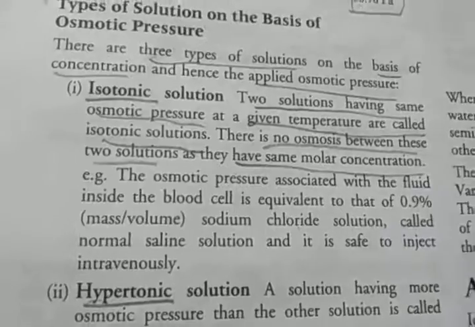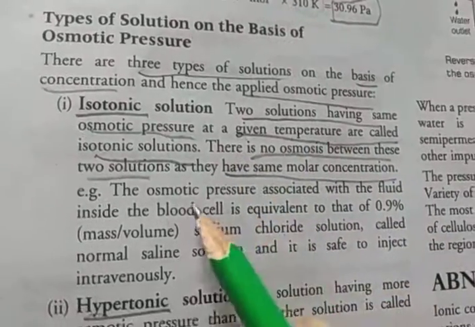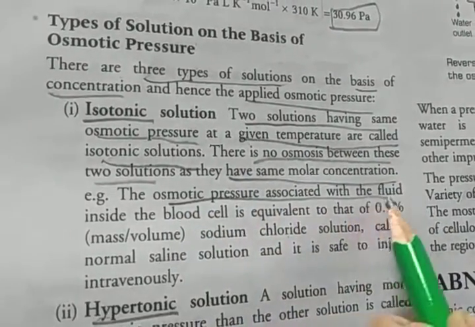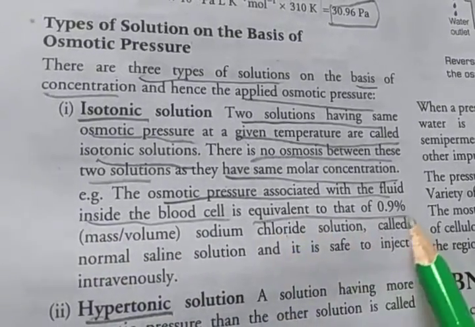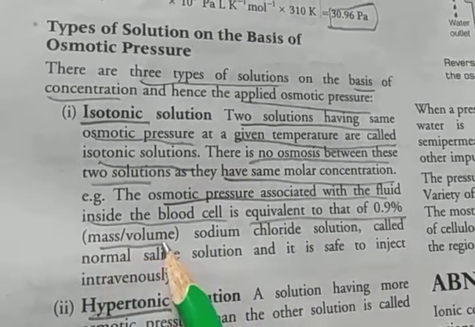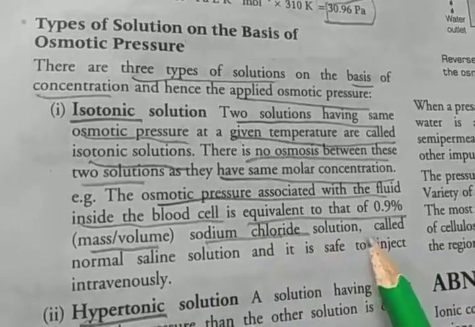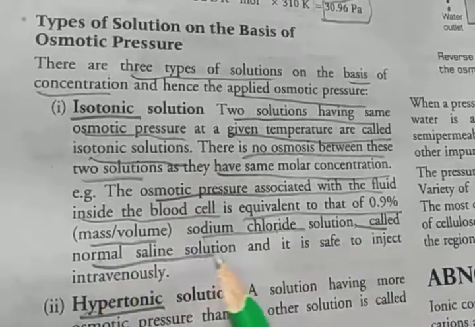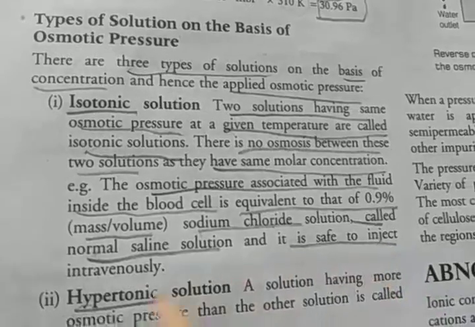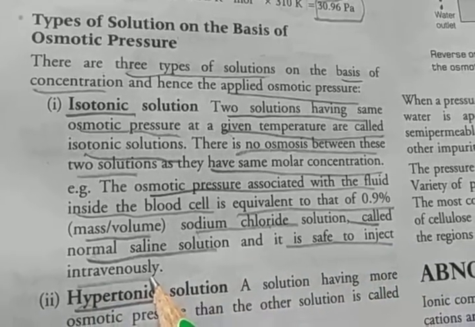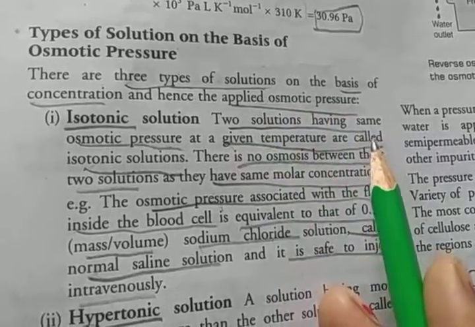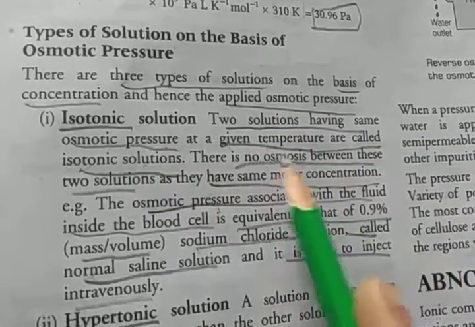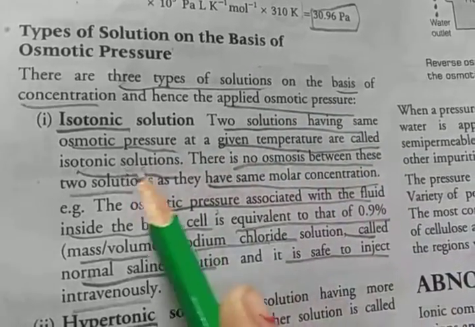Example of the isotonic solution: the osmotic pressure associated with the fluid inside the blood cell is equivalent to that of the 0.9% mass by volume sodium chloride solution, so called normal saline solution, and it is safe to inject intravenously. So two solutions having the same osmotic pressure at a given temperature are called isotonic solutions.